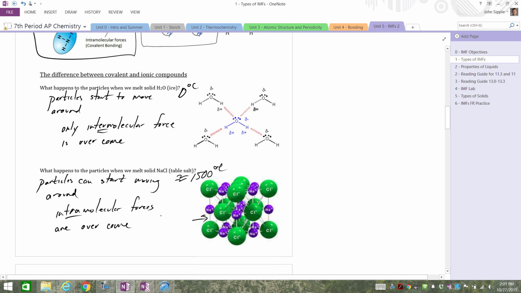So that's why it takes just that much more energy to break an ionic bond in comparison to an intermolecular force, like a hydrogen bond, for example. Not even close.